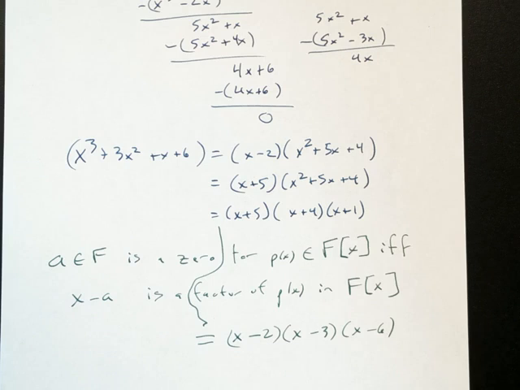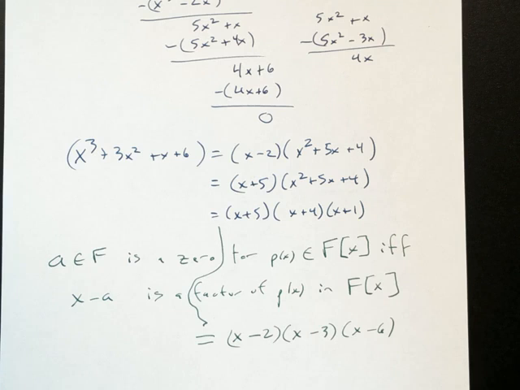Absolutely. But writing x minus a allows me to use the factor theorem. I know exactly what the roots are by finding the factors that divide in evenly and pulling them out. But that means within a field, I can, as you saw me do here, find a root, divide it out, have a smaller degree polynomial.